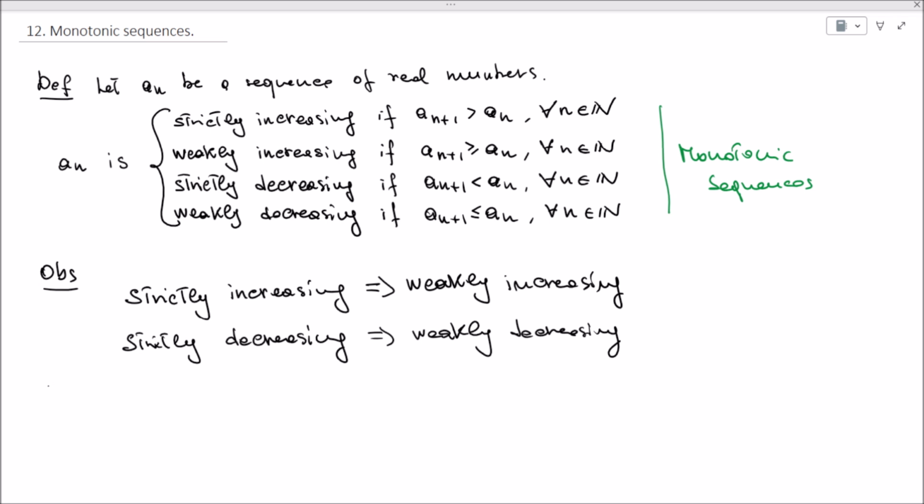An alternative definition for monotonic sequences is the following.